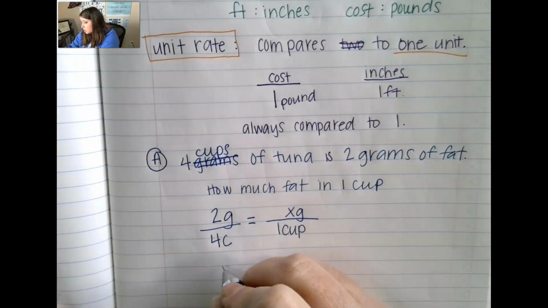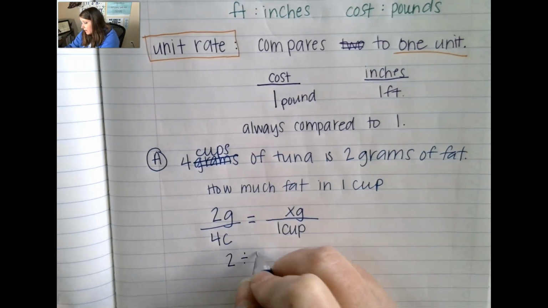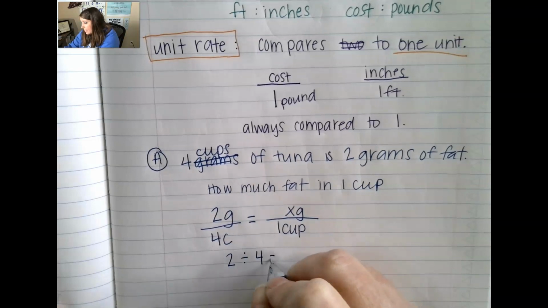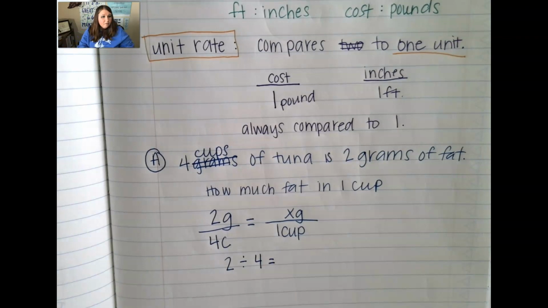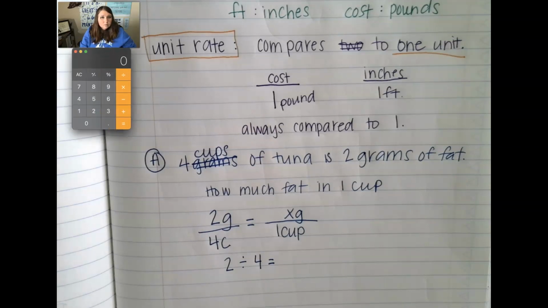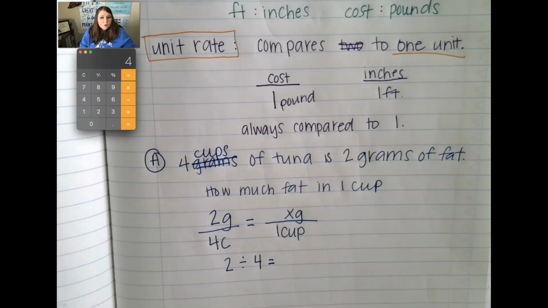So you can just do 2 divided by 4, and that gives you half, or half a gram for every cup.